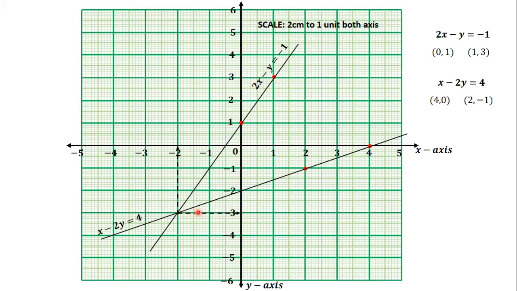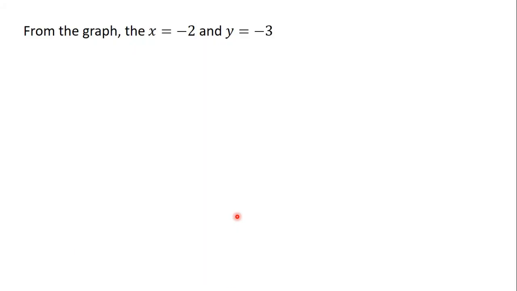When you trace it to the y-axis, the coordinate there is -3. So the solution to these equations is x is equal to -2, y is equal to -3. What this means is that from the graph, x is equal to -2 and y is equal to -3.